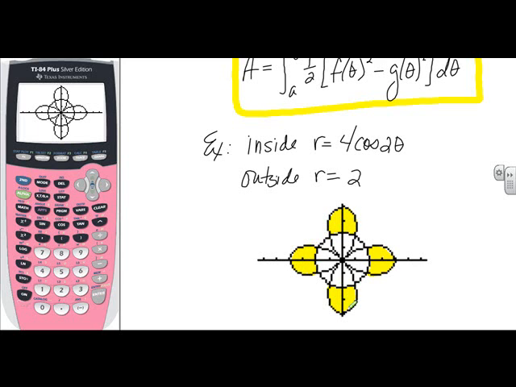What do they need to be? And I need to know when are these two curves going to intersect. That intersection point, that intersection point, that one, that one, and that one. So we've got 8 different intersection points.